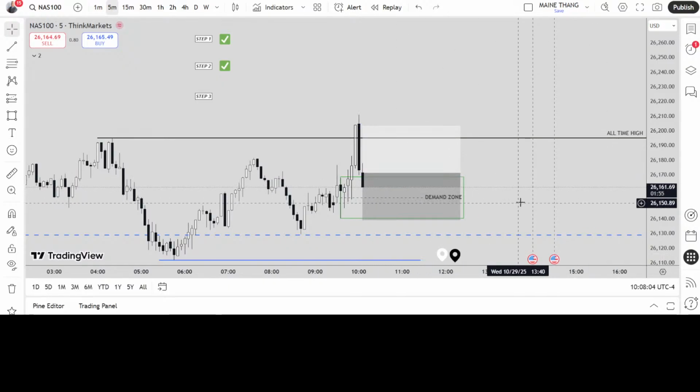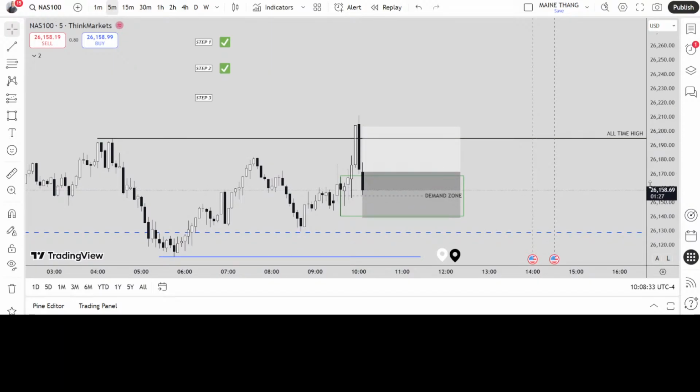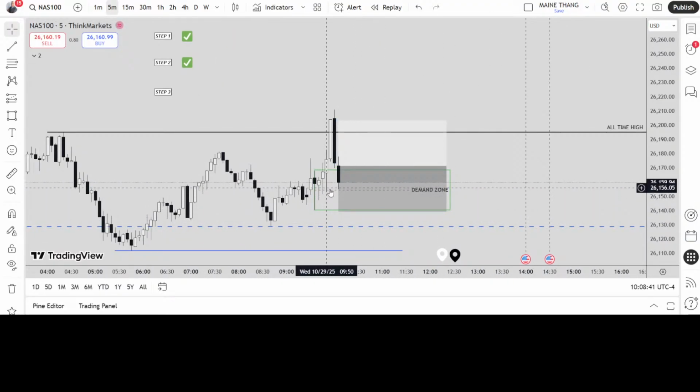Two minutes left on this candle. It's digging deeper into the zone.